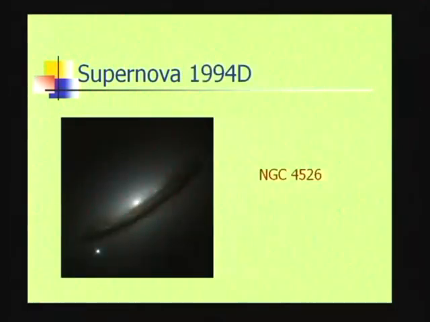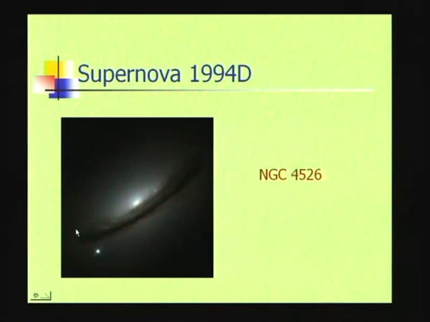So, this is an example. This is a picture of supernova 1994D, and it occurred in the galaxy NGC 4526. Now, in this galaxy you cannot make out individual objects. What you can see is the brightness distribution, which we had discussed in the last class, the surface brightness or the specific intensity distribution.